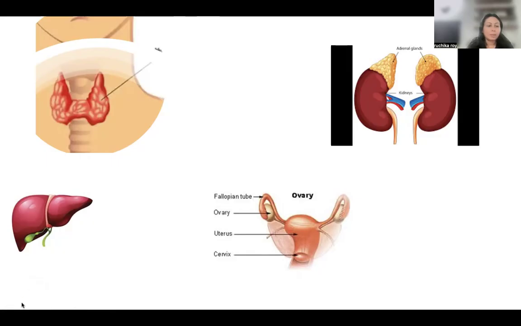Suppose this is the brain, and from the anterior pituitary the hormone secreted is TSH, called thyroid stimulating hormone. Now this thyroid stimulating hormone tells the thyroid gland to produce T4.